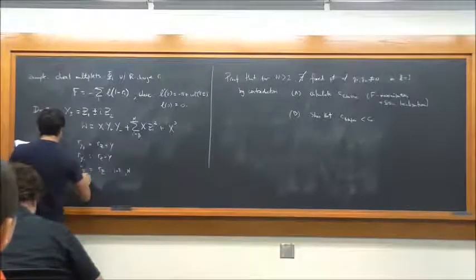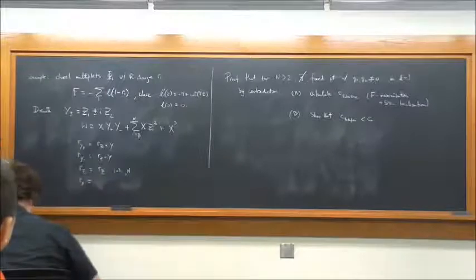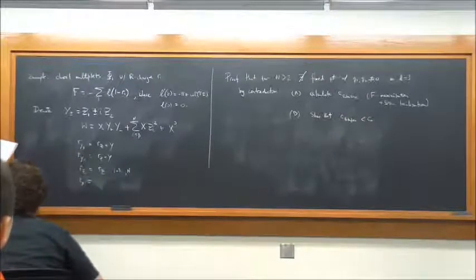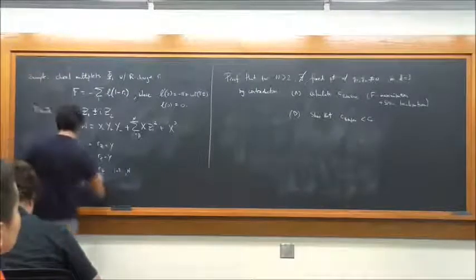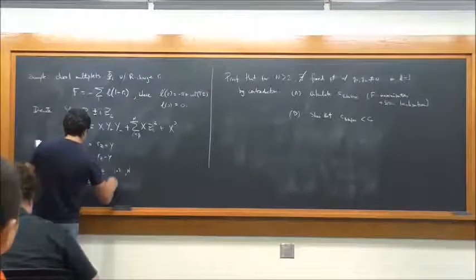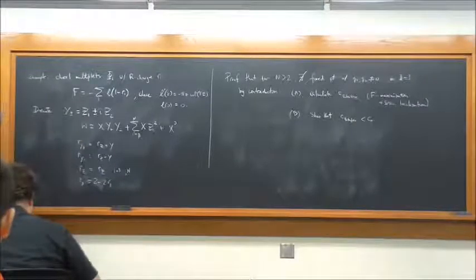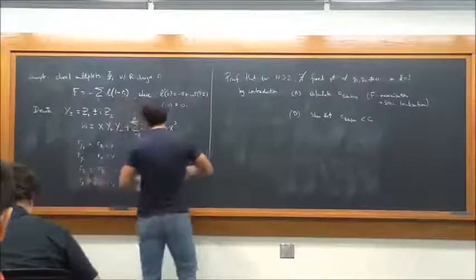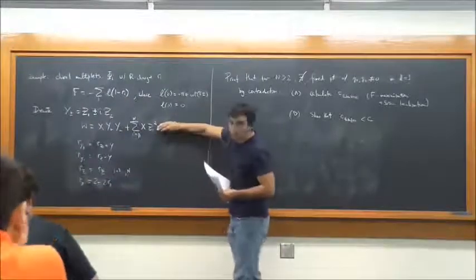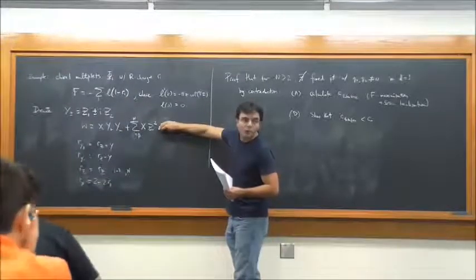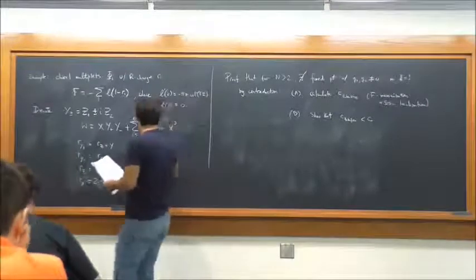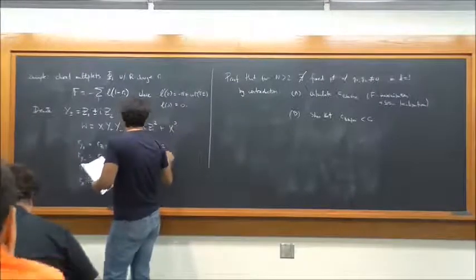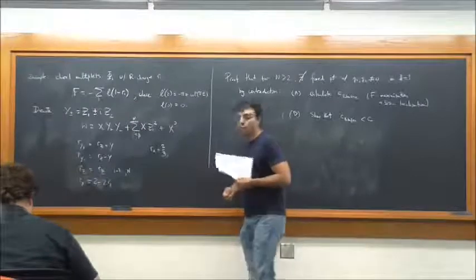And the R charge of x is 2 minus 2R_Z. So this would be a consistent choice of R charges if I didn't have this x cubed. But with the x cubed, I need to take the R charge of x to be 2/3 because the R charge of the superpotential needs to be 2.